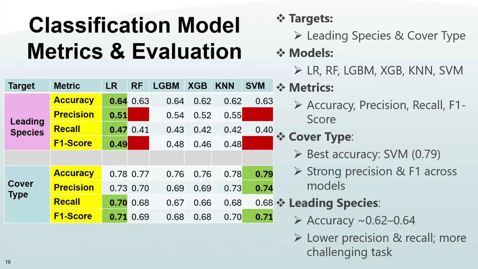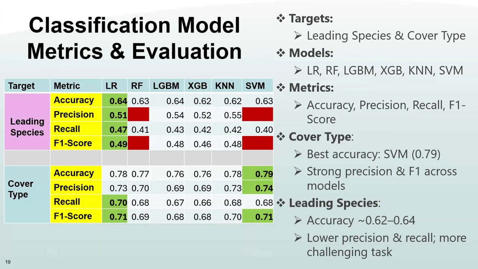This is the classification model performance using metrics such as accuracy, precision, recall, and F1 score for leading species and cover type. And we found that for cover type, support vector machine performed quite well, close to 80% accuracy with strong precision and F1 across all the models that we tested.